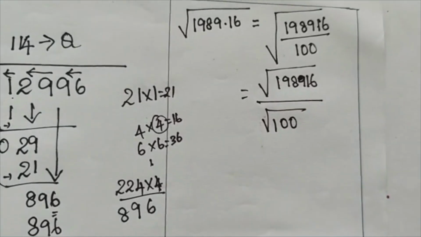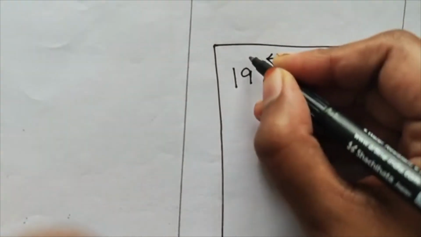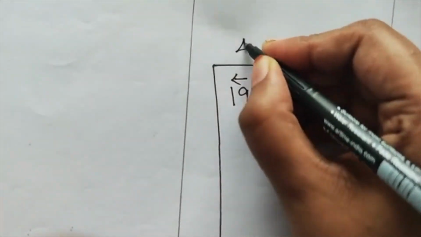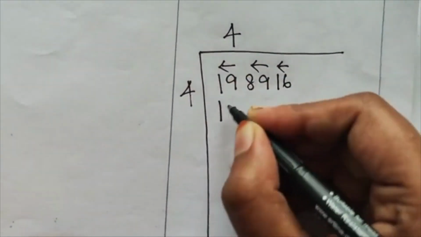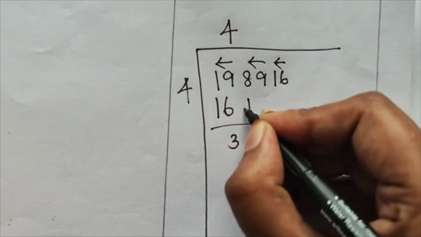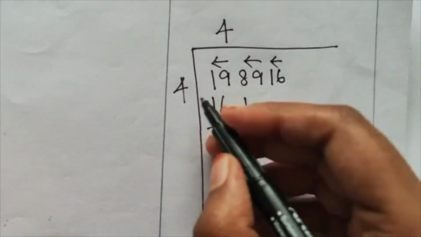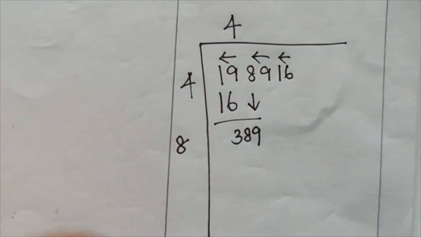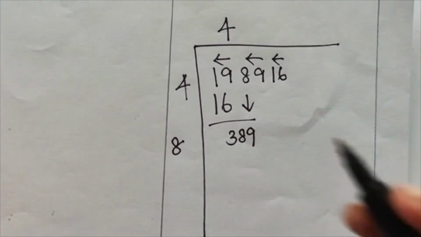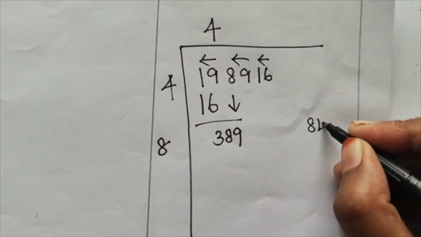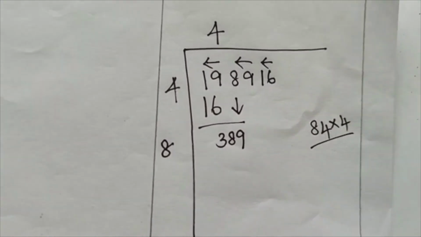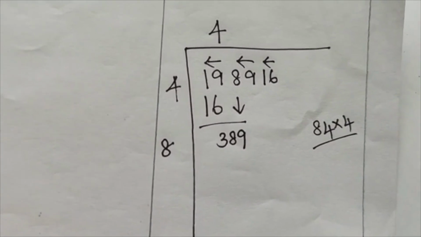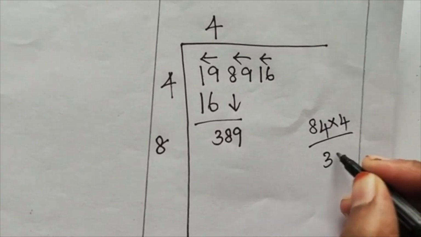Let's use long division. So dividing it into pairs, we know that 4 fours are 16, 3, 89, 4 plus 4, 8. So 389, again let me put 4 here, 84 into 4. 84 into 4 is nothing but 336.